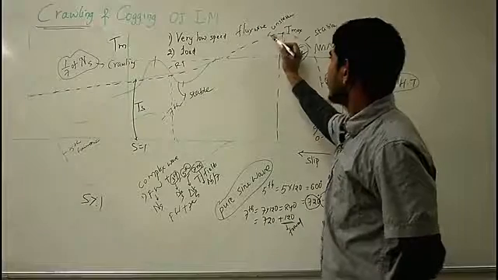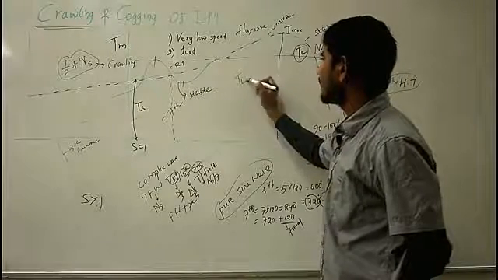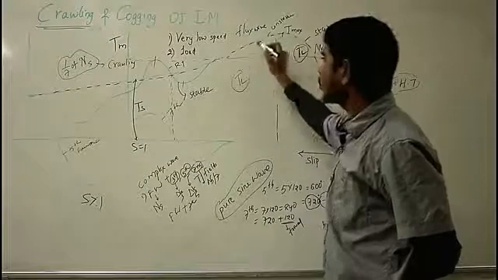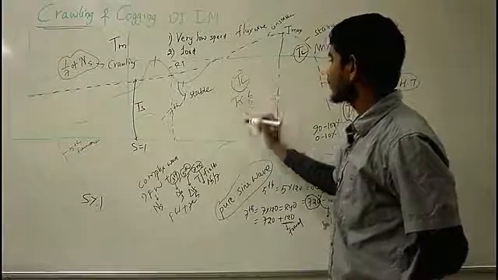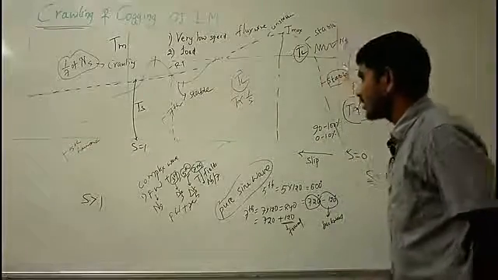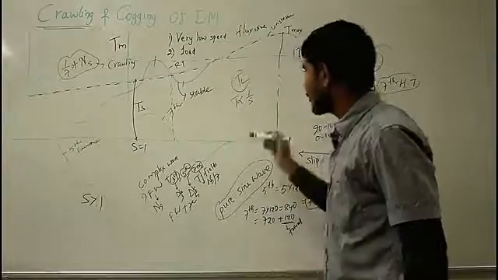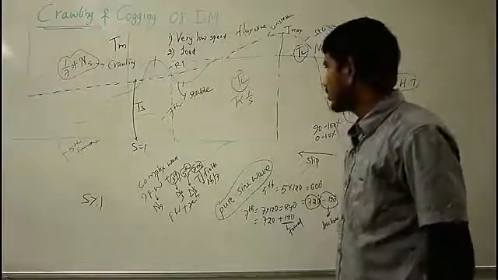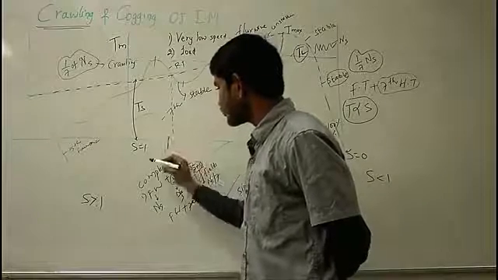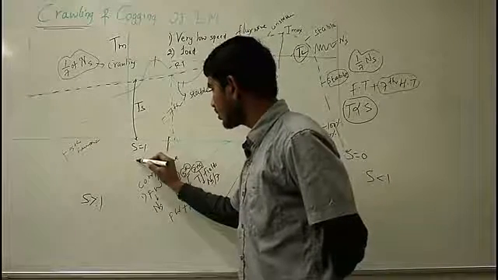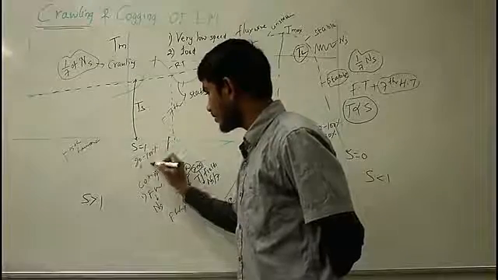Now, coming to this region, here if you see, due to the low torque, due to TL, the torque developed by the motor decreases, maintaining an inverse relationship with the slip. That is, as my slip is increasing in this direction, my torque is decreasing. In this region, the slip is around 90 to 100% and the speed is 0 to 10%.